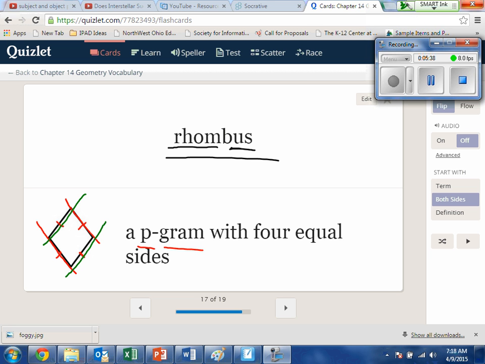Also notice that if we measured the angles, we would know that this and this are equal, and this angle and this angle are equal to each other. So that's a rhombus. Again, make sure you put this in if you haven't already. Pause it if you need to.